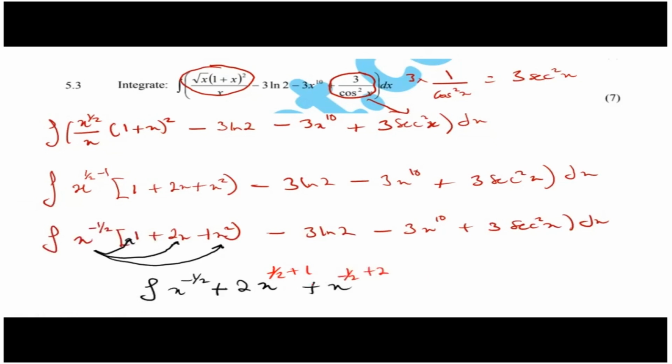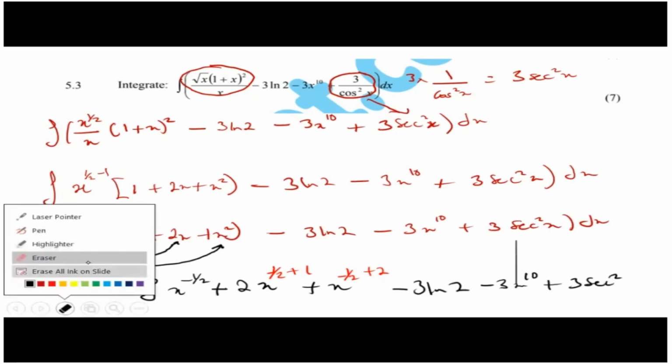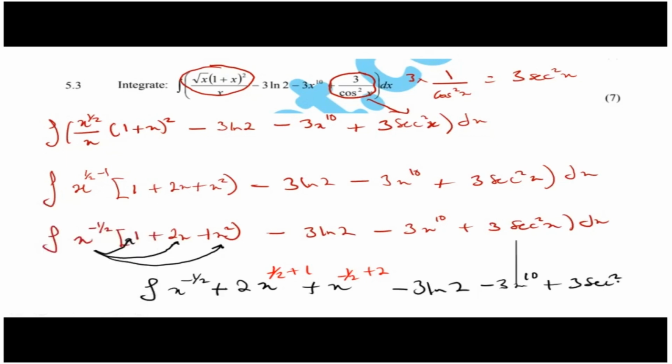Then this one still remains minus 3 ln 2 minus 3x raised to power 10, then plus 3 sec squared x dx.